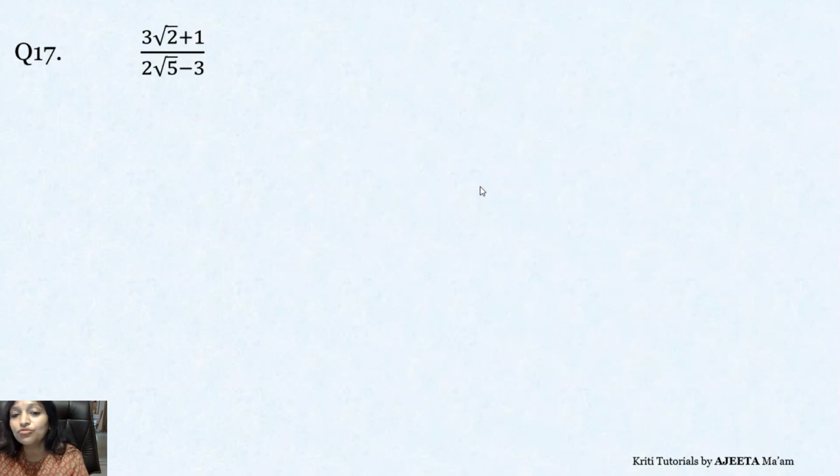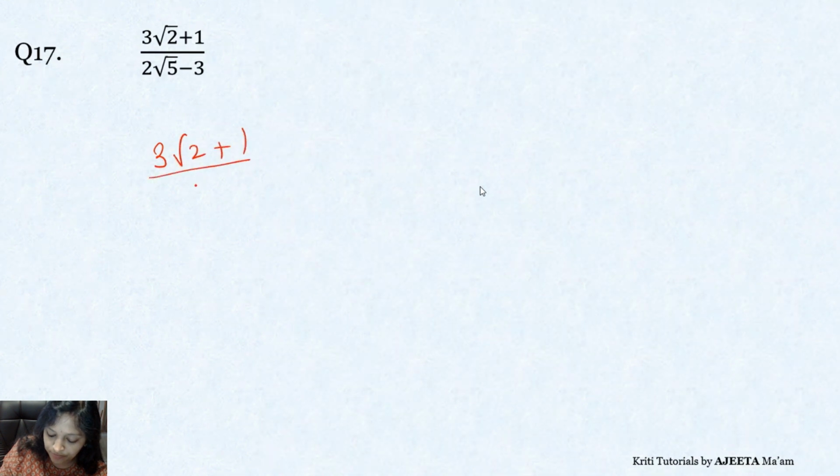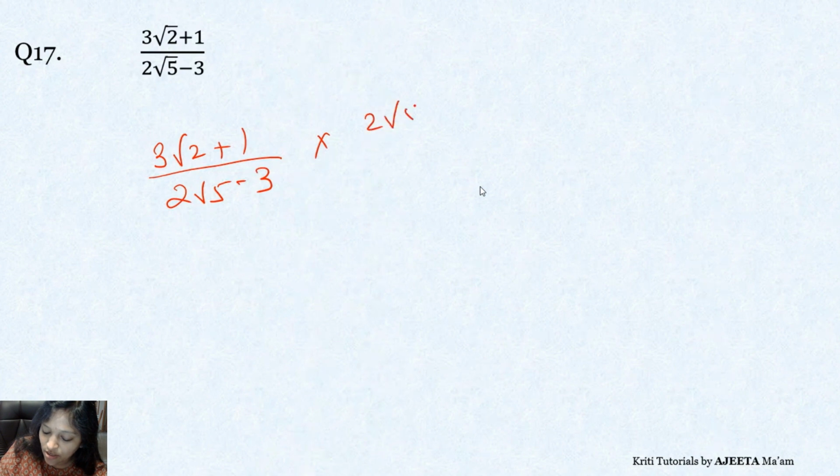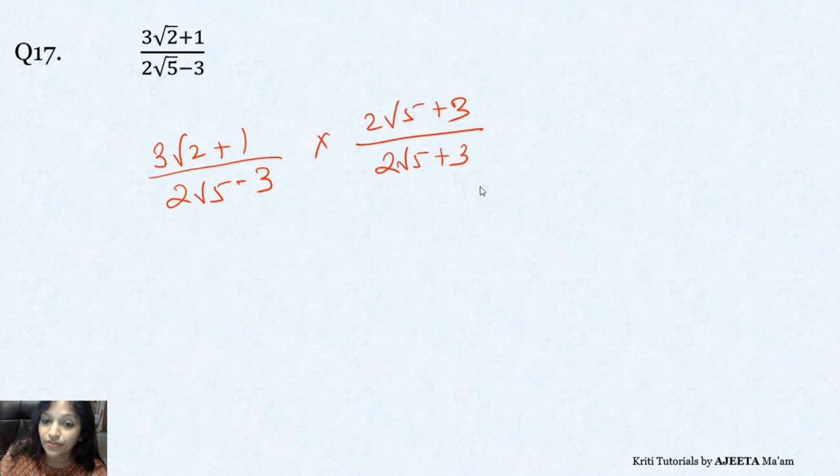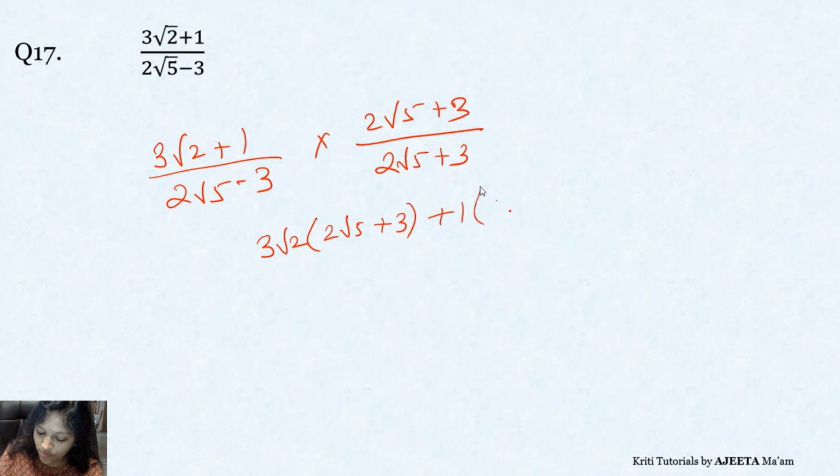Now we have 3 root 2 plus 1 upon 2 root 5 minus 3. Correct? Now we will rationalize it with 2 root 5 plus 3, which will be the rationalizing factor for the given expression. So 3 root 2 into 2 root 5 plus 3, plus 1 into 2 root 5 plus 3.